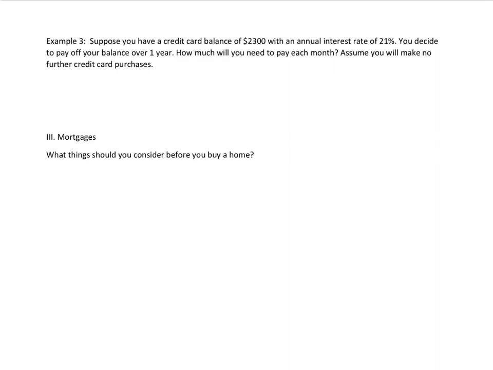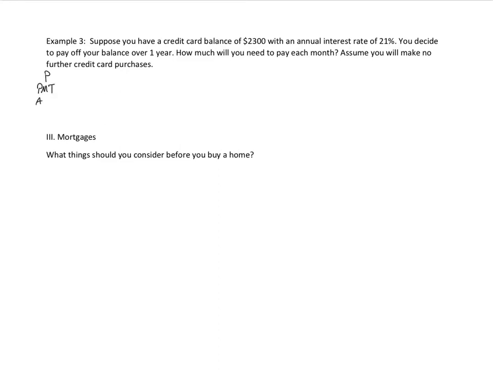We can treat this scenario as an installment loan, as if we were trying to find a payment using the formula from the previous page or the previous section. So I'm going to take the time to write everything out. We have P. We don't have an A here. We have P. We have payment.